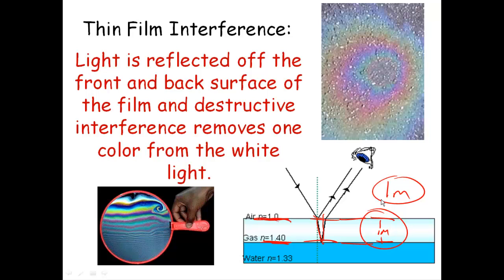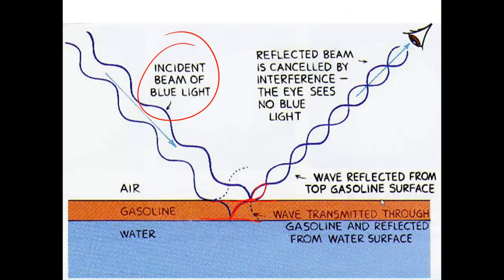Let's look at this in a little more detail, only showing cancellation. Let's say we have a beam of blue light coming in. It hits the surface of a thin film. Some of that light reflects off the surface. So here's this coming in.